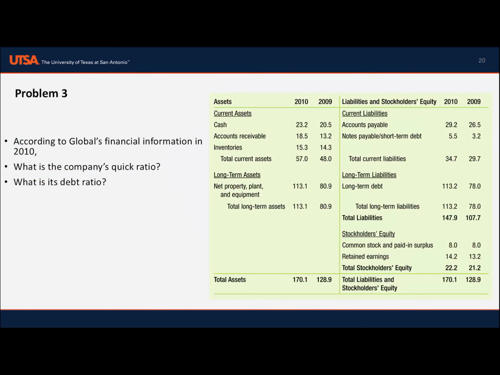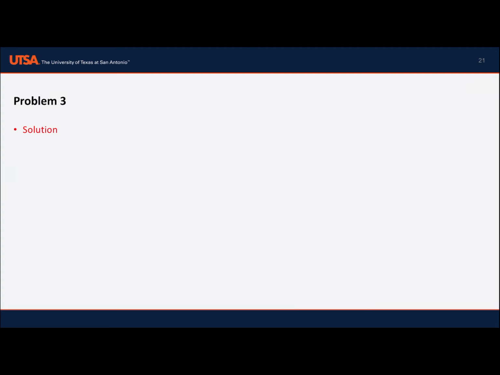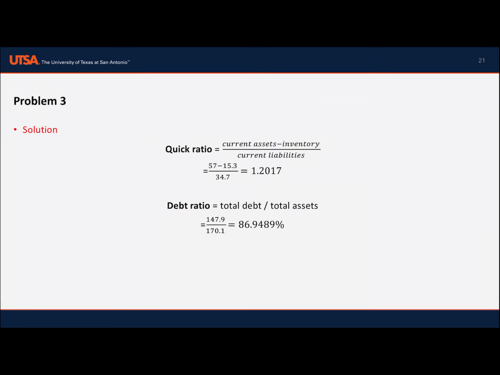Problem 3. According to Global's financial information in 2010, you will only look at 2010. What is the company's quick ratio? And what is the debt ratio? The quick ratio is current assets minus inventory over current liabilities.